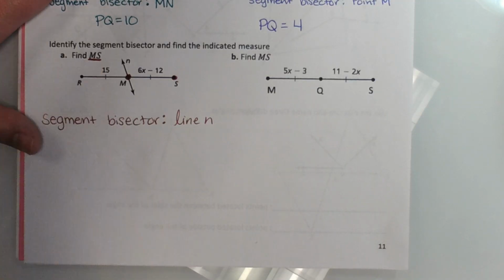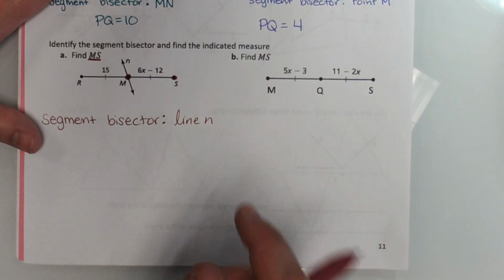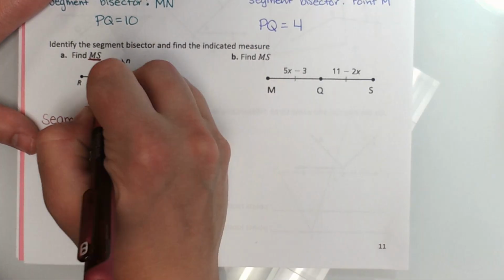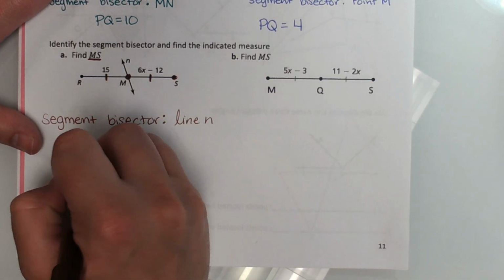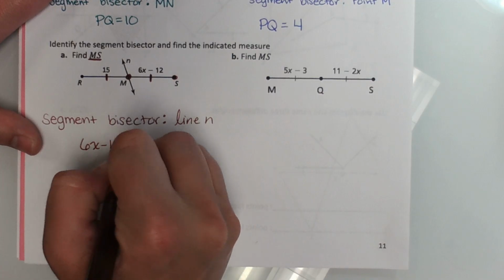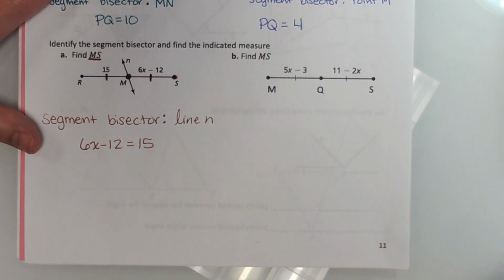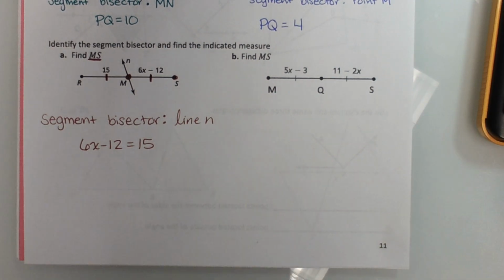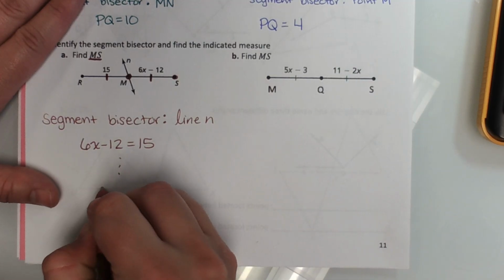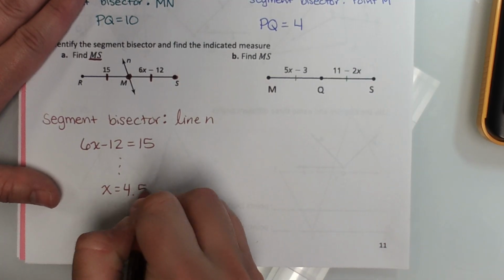When I have this, I want it as a single number. But do you notice these? What do those things mean? They're equal. 6x minus 12 is equal to 15. Could I solve for x? Yes. For the sake of time, x is 4.5.